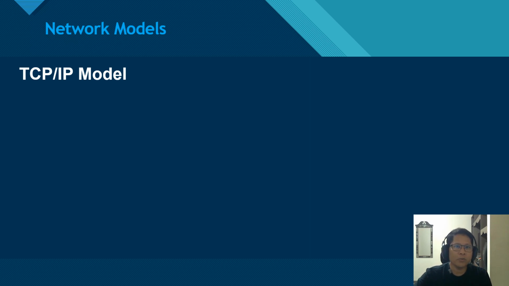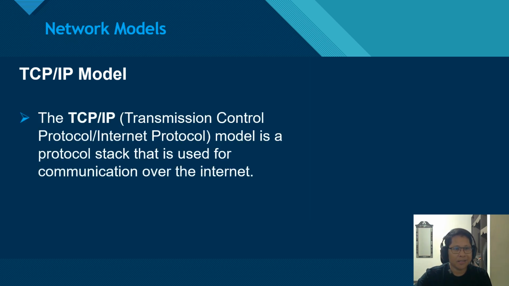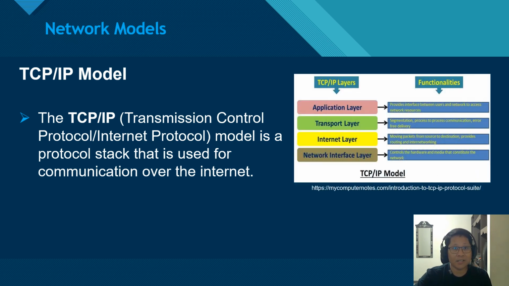Now let's proceed with the second model, which is the TCP/IP model. The TCP/IP, or the Transmission Control Protocol/Internet Protocol model, is a protocol stack that is used for communication over the Internet. It consists of 4 layers, each with its own specific set of functions.